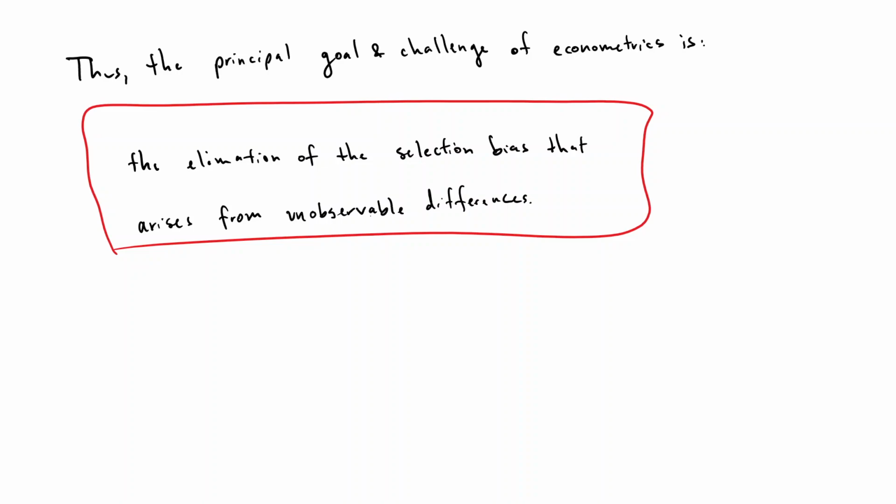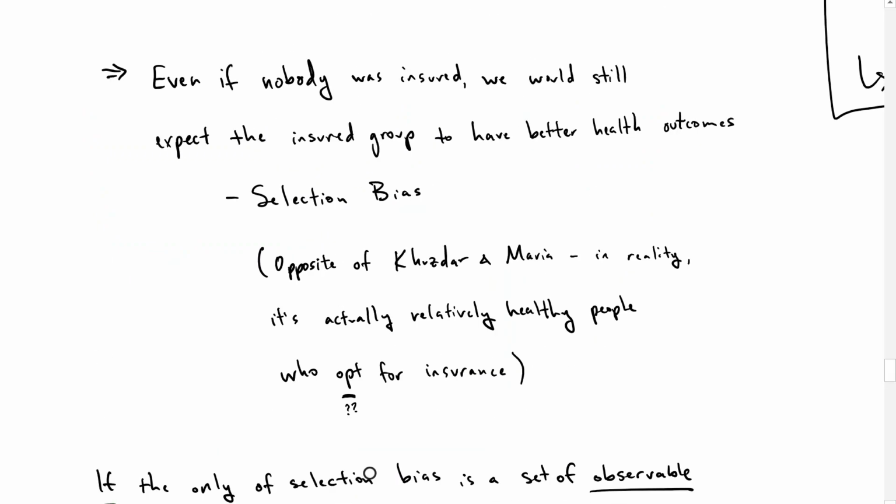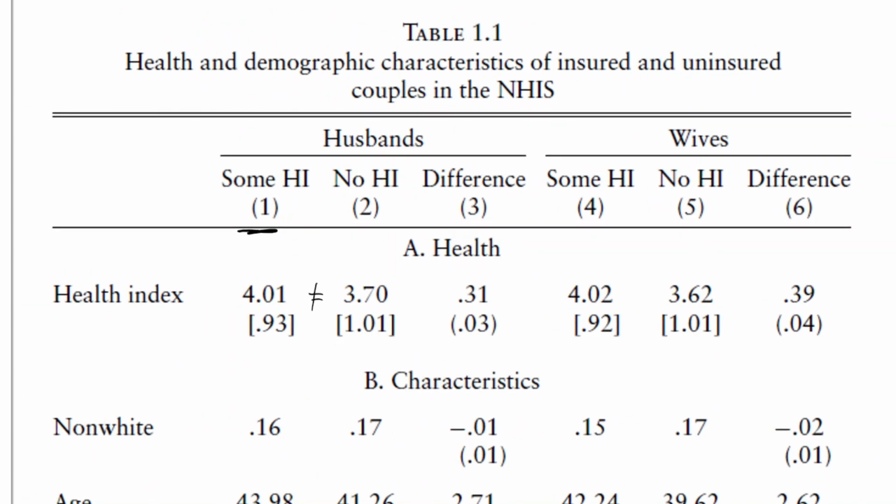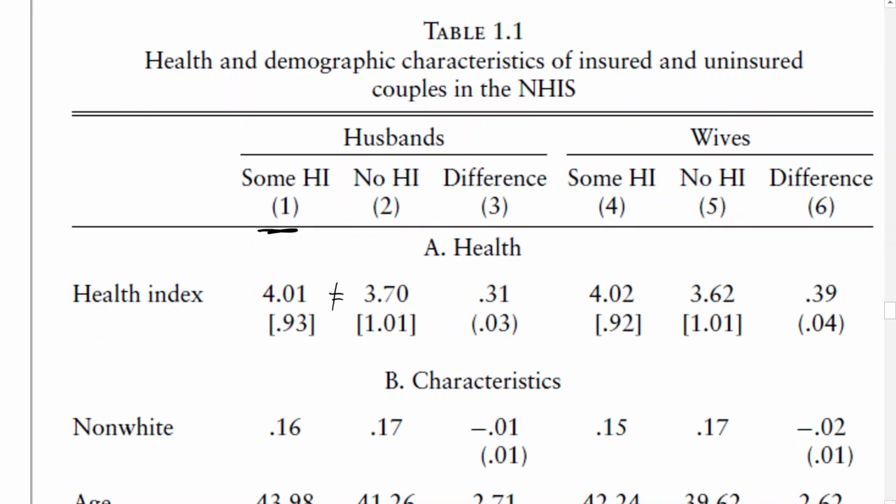And remember last time we saw a table and we're using an example of health insurance. We initially saw that the people with health insurance have better stated health outcomes on a scale of 1 to 5 than the people without health insurance.